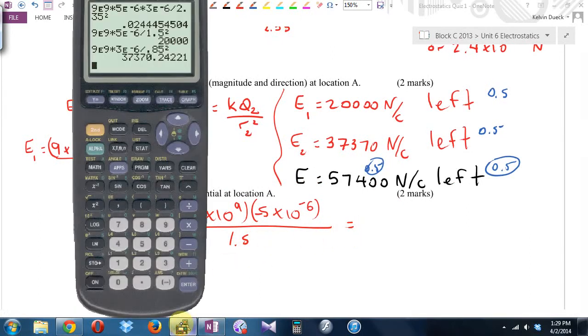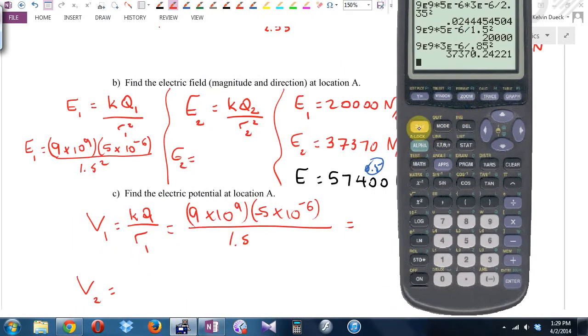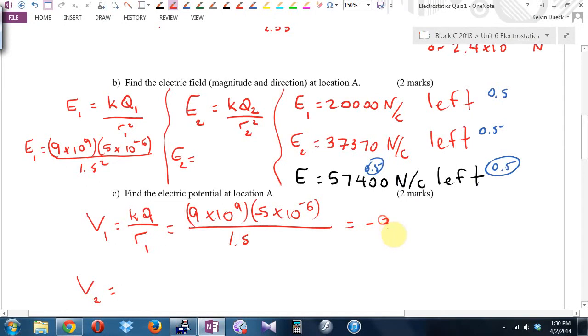I get a voltage from charge 1, negative 5, 1.5, delete the squared. Is that right? Yep, of negative 30,000 volts. Direction doesn't have any. It's a scalar.